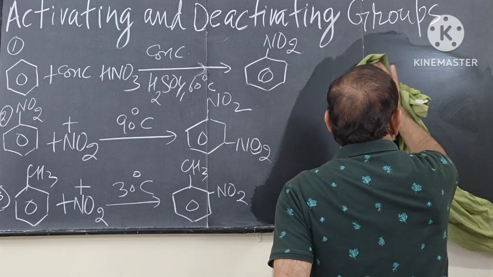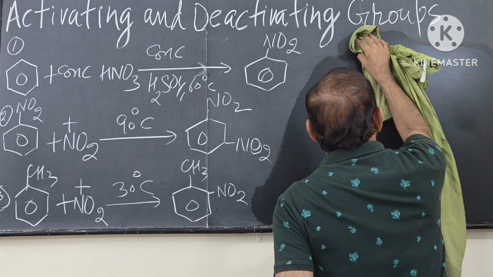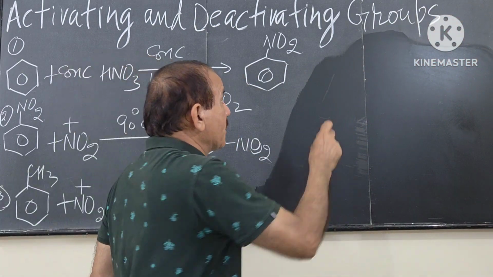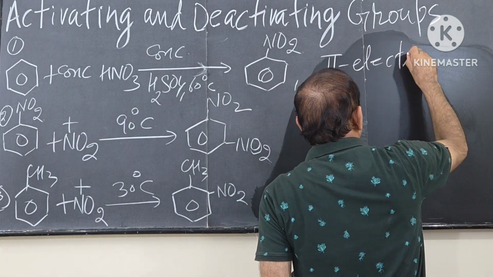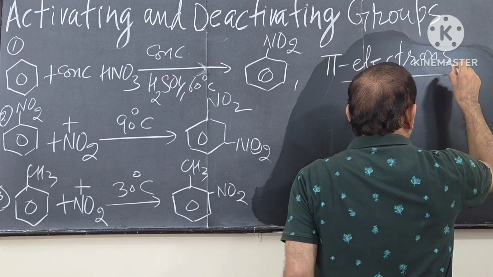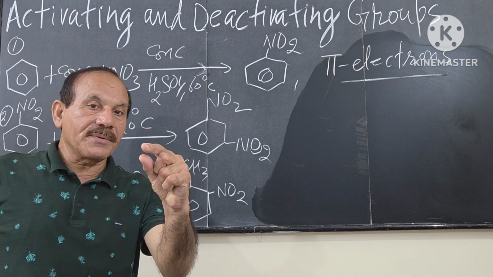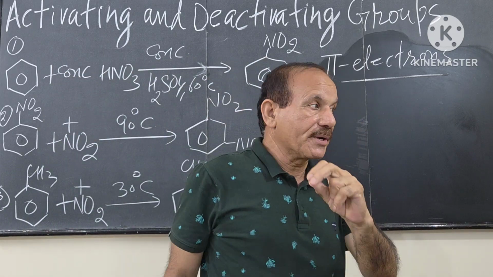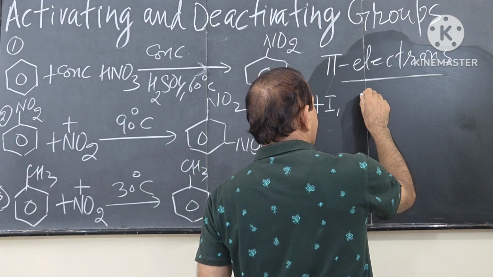Any group which increases the availability of pi electrons on the benzene ring increases its reactivity. And the reactivity increases because of two phenomena, that is your plus I effect and plus M effect.